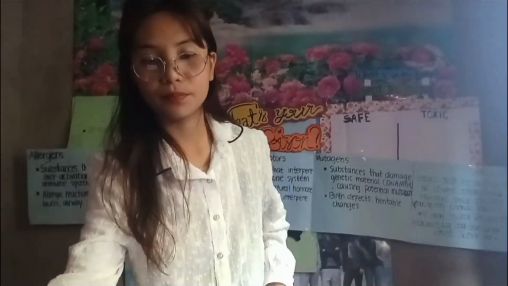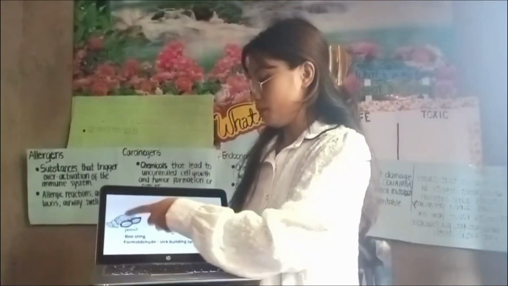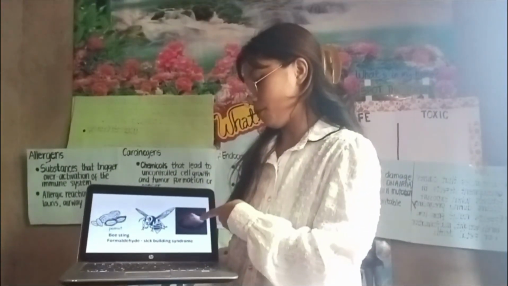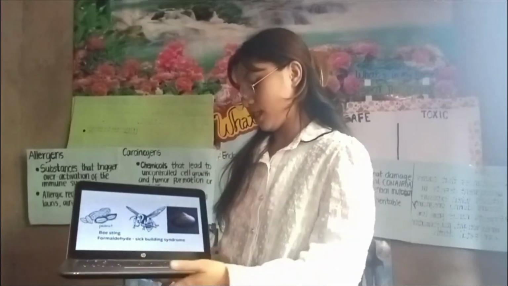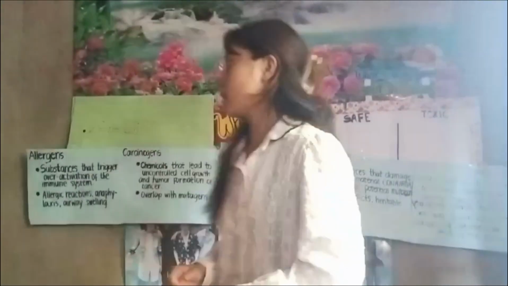Examples of allergens are the peanut, the bee sting, and formaldehyde, related to sick building syndrome. Formaldehyde is used for construction.